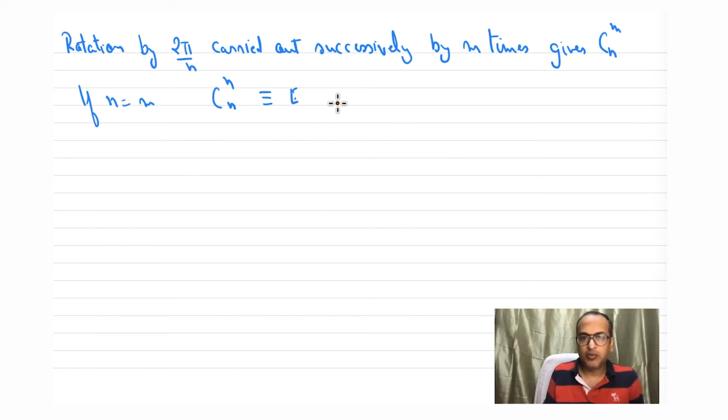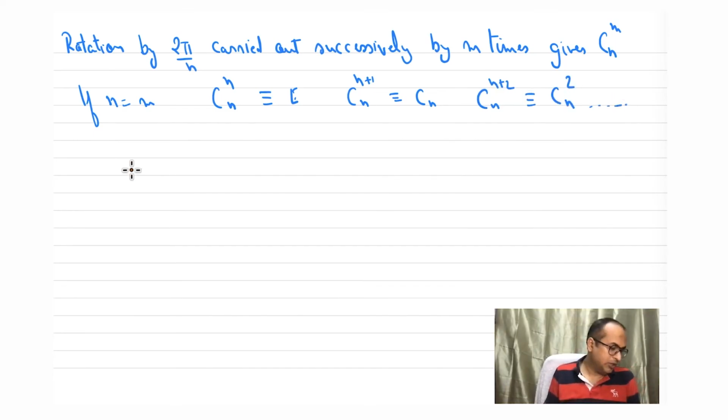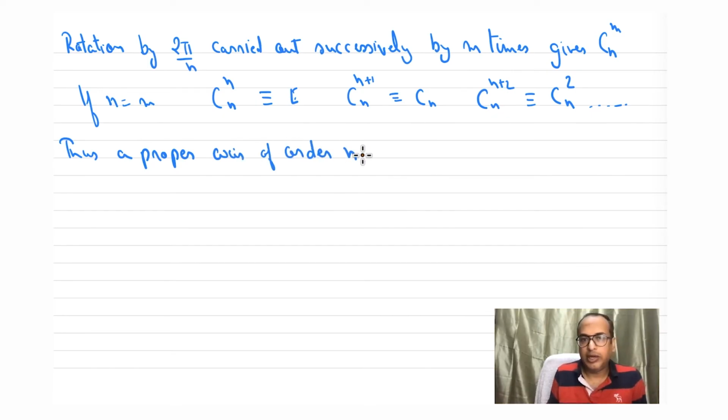And in this way, if we keep on going, if we have n plus 1, this is equal to Cn. If it is n plus 2, it is equivalent to Cn^2, and so on. Okay. So thus we can say a proper axis of order n generates n operations.